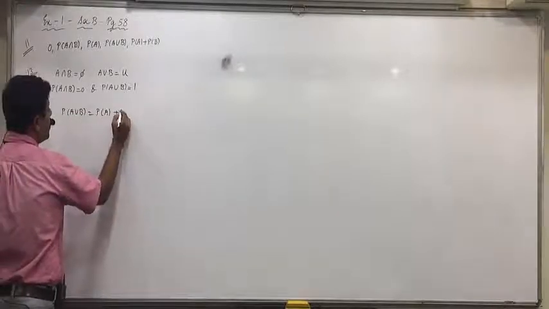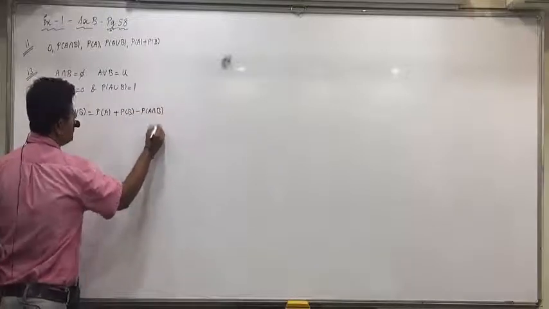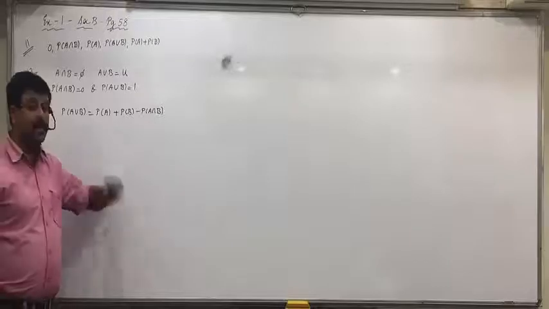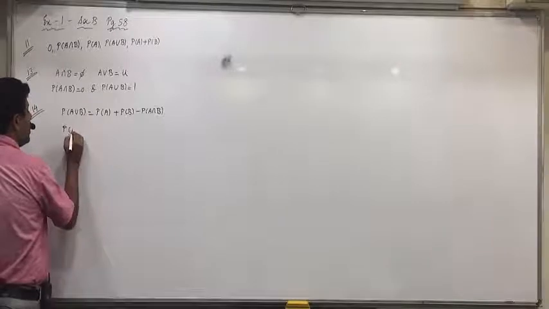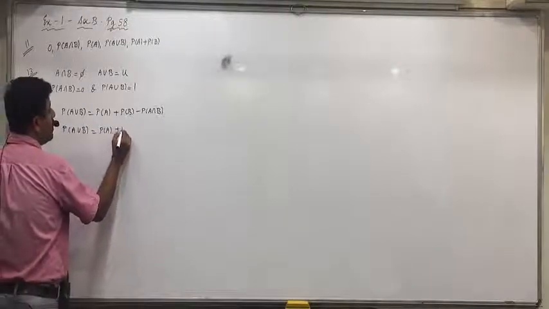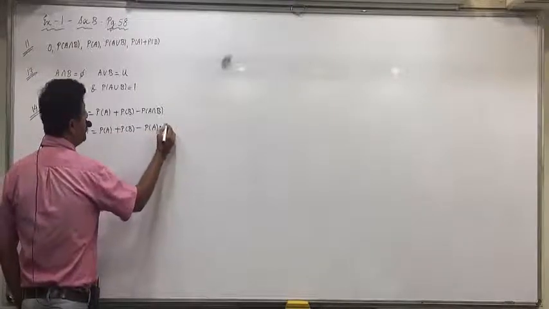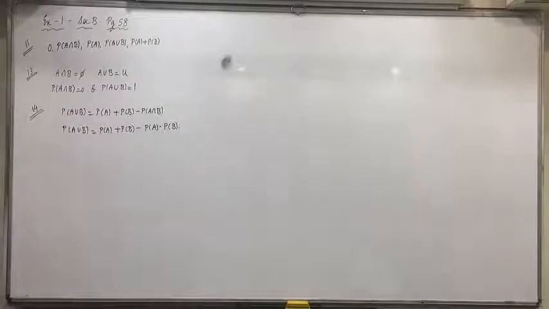PA plus PB minus P of A intersection B. Now, because the events are independent, what is P of A intersection B equal to? PA into PB. So the formula of A union B will become PA plus PB minus PA into PB. Did everyone understand this?